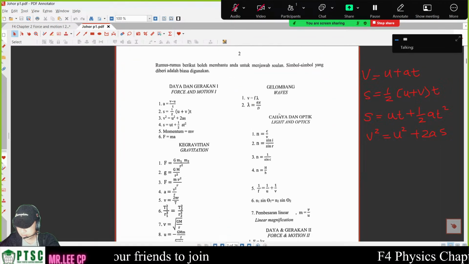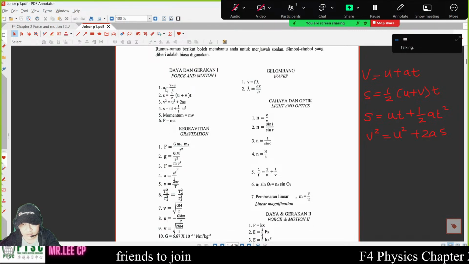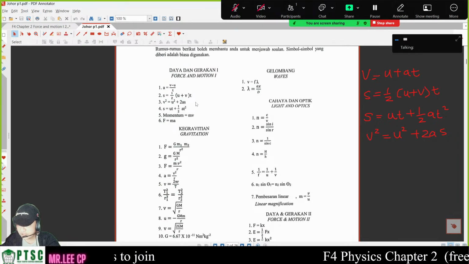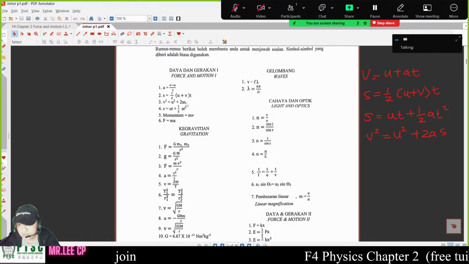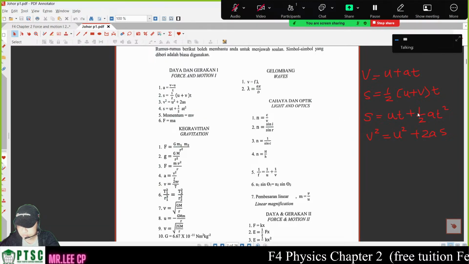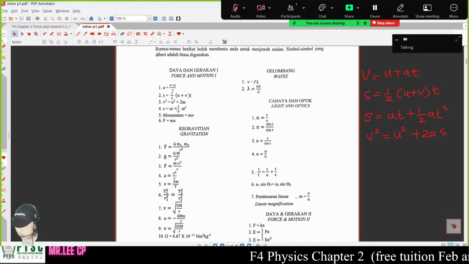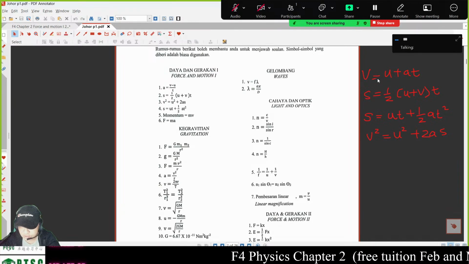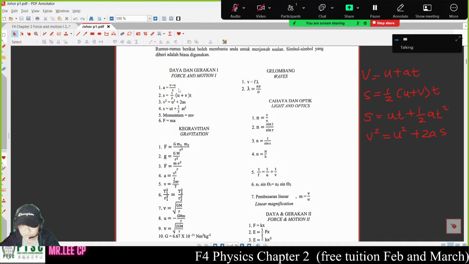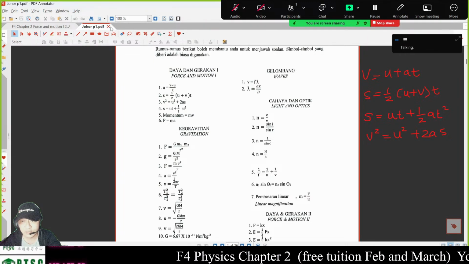Now the formula is A is (V minus U) over T. S is half times (U plus V) times T. V squared is U squared plus 2AS, and S is equal to UT plus half AT squared. So this formula is given. Sometimes it is given this way, sometimes it is given this way. They are the same thing. So it is given in SPM.